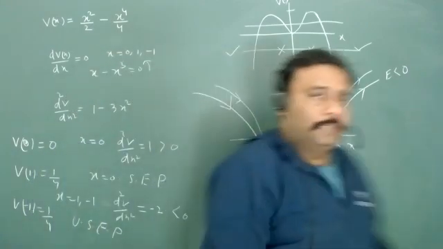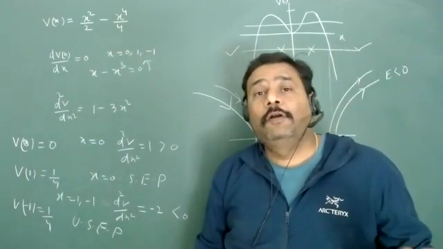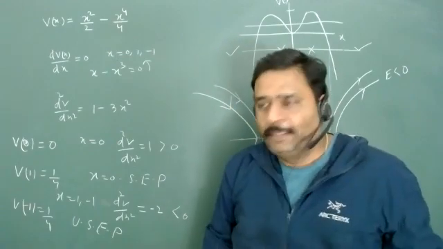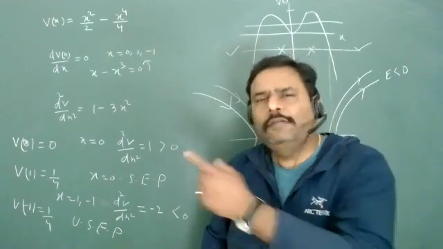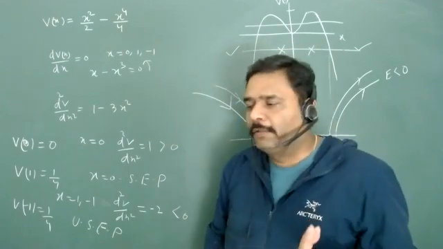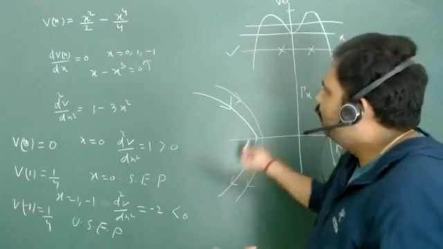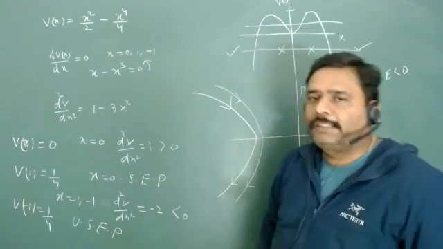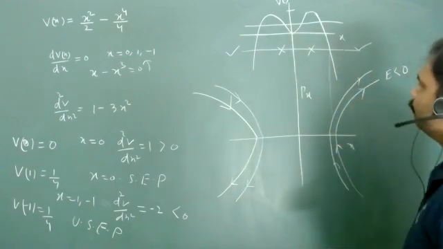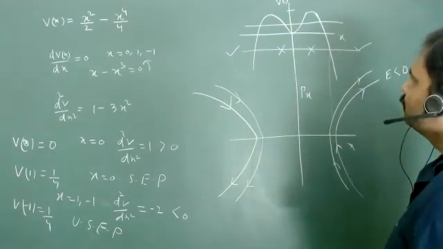Sometimes they will ask in this form also: draw the phase curve only for E is equal to 0. Then there is only one curve. So don't worry, because every curve represents a different value of energy. You have to keep in mind which type of problem is being asked in your exam.